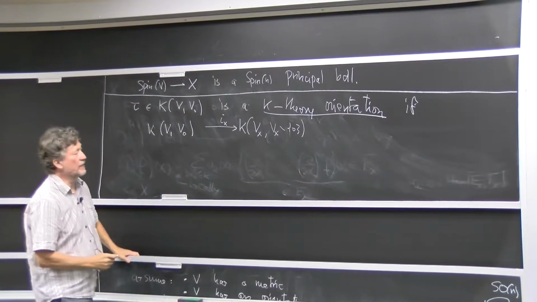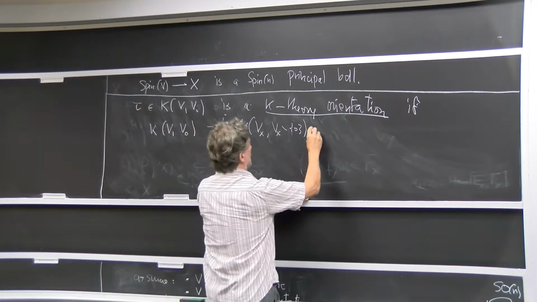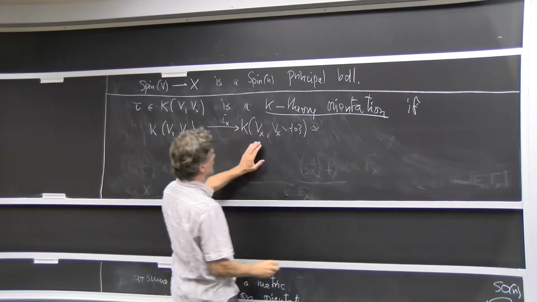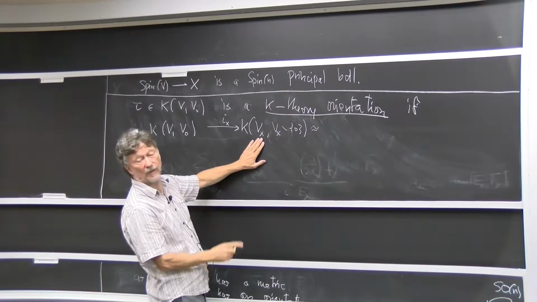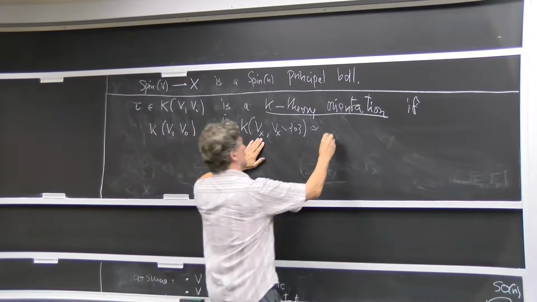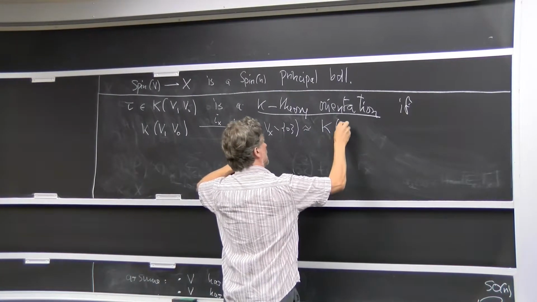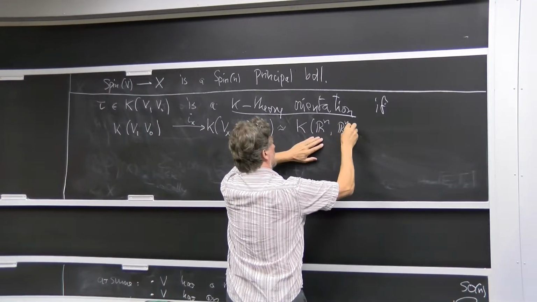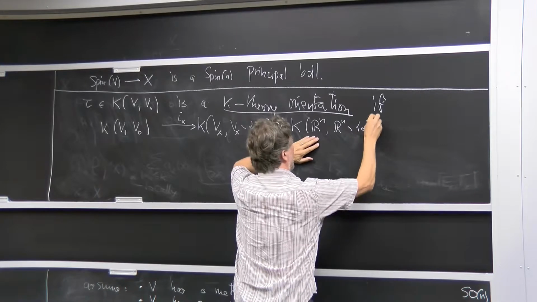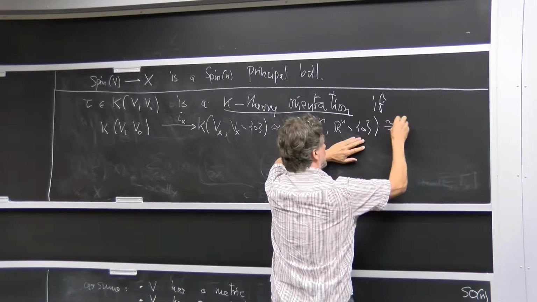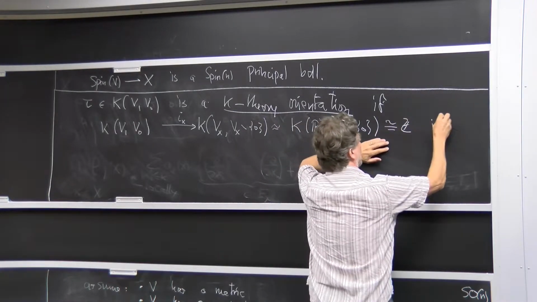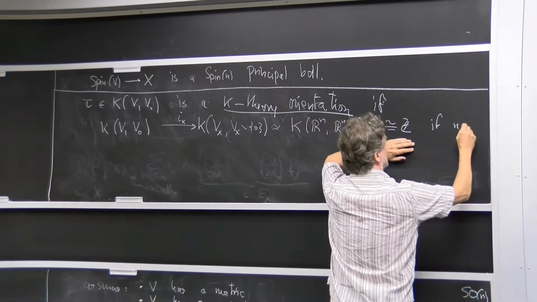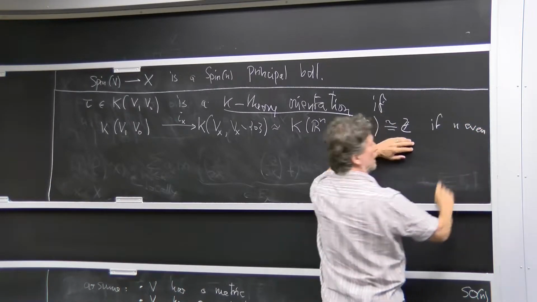What does a K-theory of this pair look like? Well, this is just Euclidean space of rank n. So this is just K-theory of Rn, comma, Rn without 0. And this is isomorphic to Z if n is even, which we assume here.